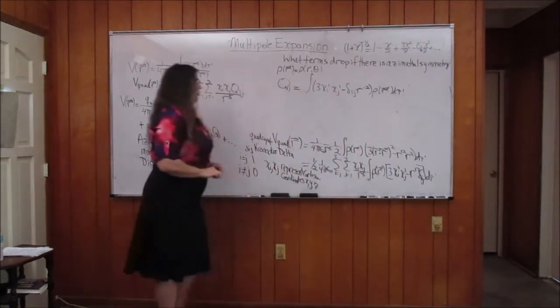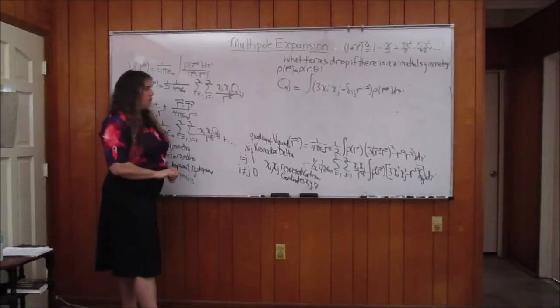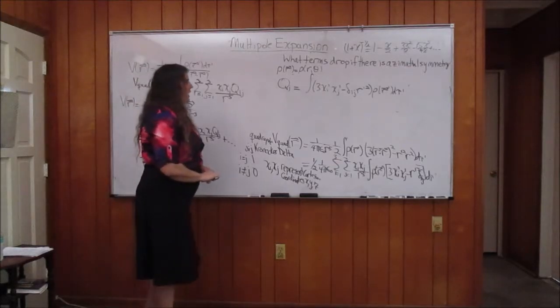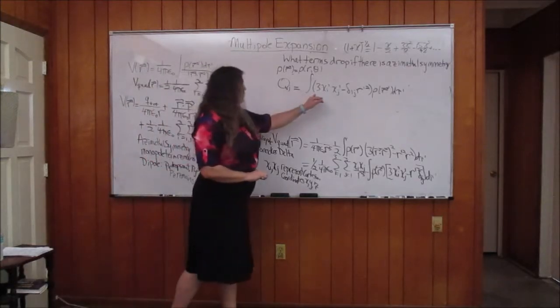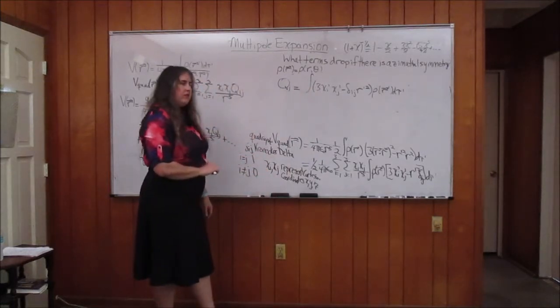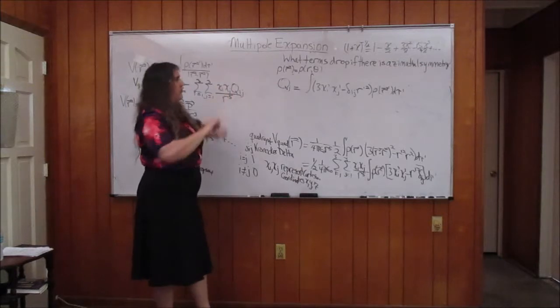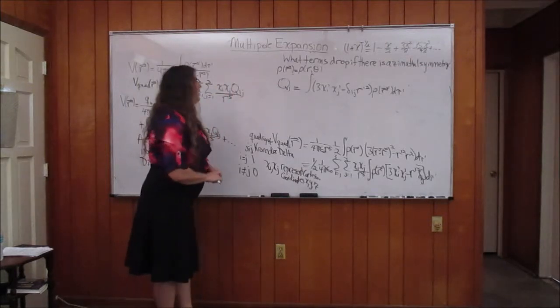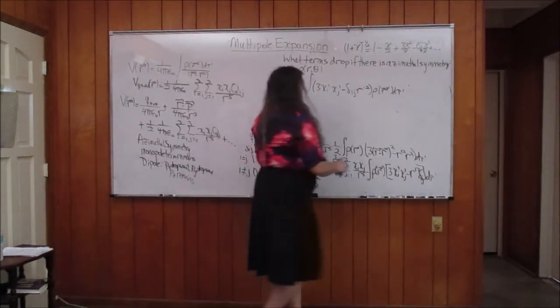So I want to look at this integral and see which terms survive azimuthal symmetry. We're looking at this volume integral of 3x_i prime x_j prime minus delta_ij r prime squared, all times the volume charge density, integrating over the volume.